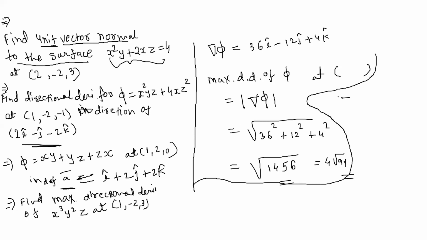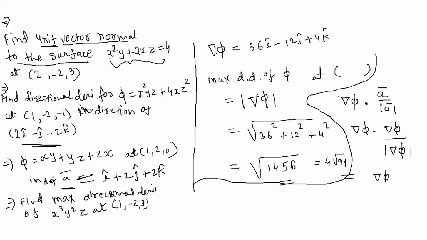Your formula of getting directional derivative in the direction of a vector a bar is this. Now I am saying that if you want the maximum directional derivative, it is in the direction of nabla phi itself. So that becomes your vector. So we write nabla phi in place of a bar, and mod a bar is mod nabla phi.